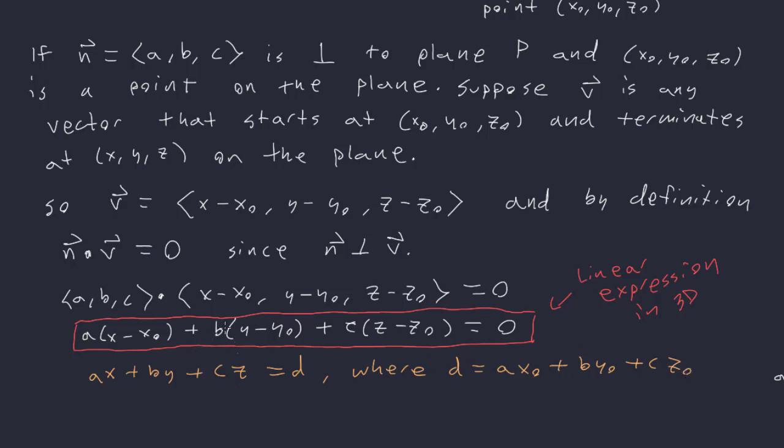So all you do to get from here to here is distribute the a, the b, the c, and move the naught terms over to the other side. Okay? So let's take a look at an example, and I'll show you what's going on here, why it works the way it does.